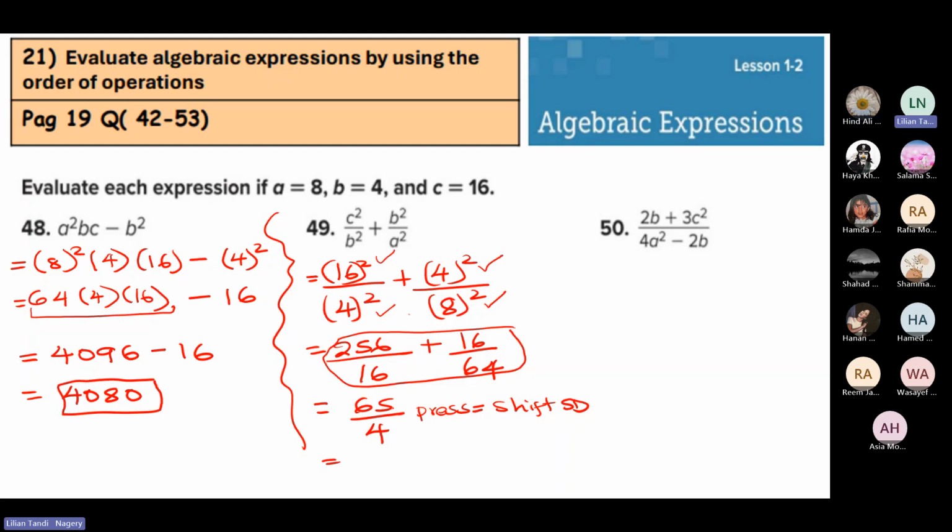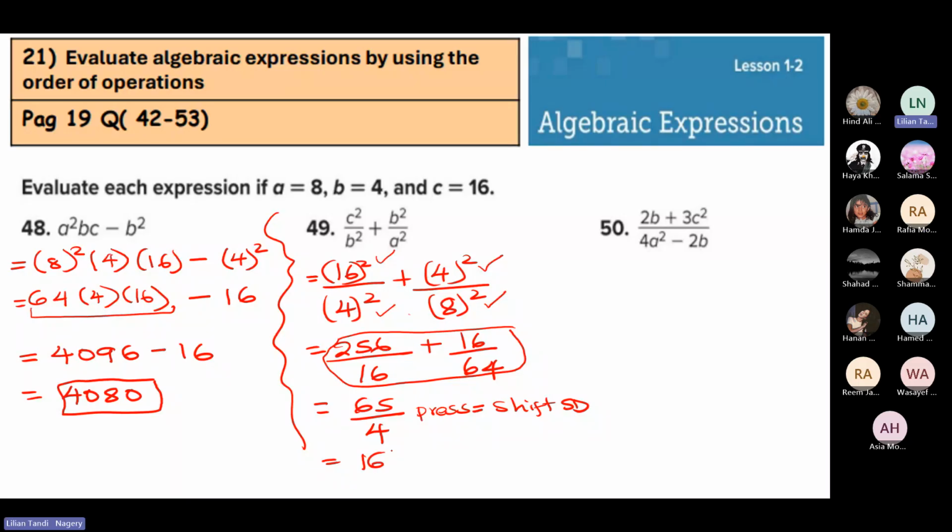Okay, now after you get 65 over 4, press equal, press shift, and press SD. Tell me what you get. 16.25. No, you didn't get 16.25. Kevin, again, put 65 over 4, press equal, press shift, press SD. 16 1 over 4.